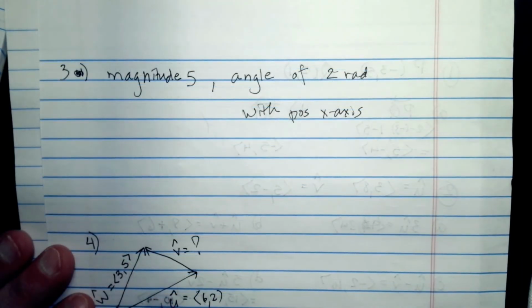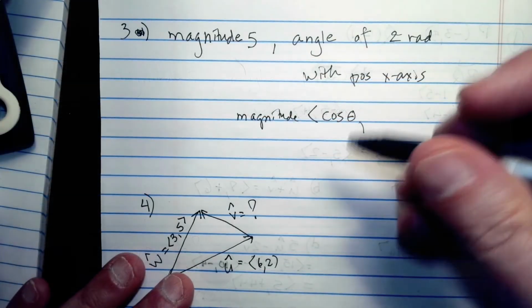Alright, in number 3 we're asked to find the component form of a vector that has magnitude 5 and makes an angle of 2 radians with the positive x-axis. You might remember that at the very end of the notes for section 11.1 we did an example very much like this.